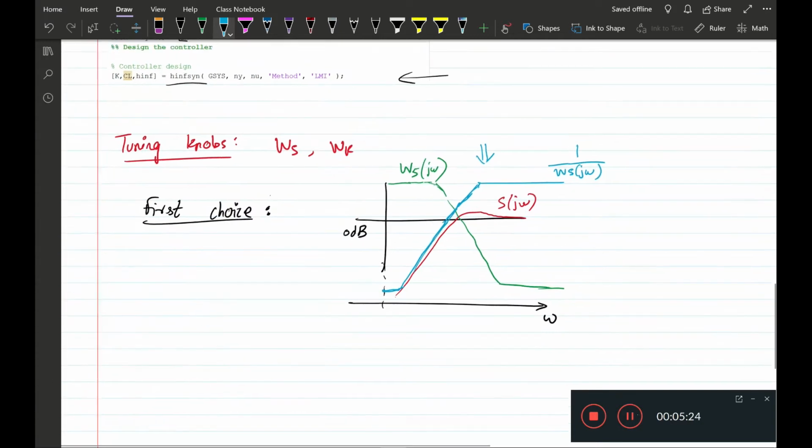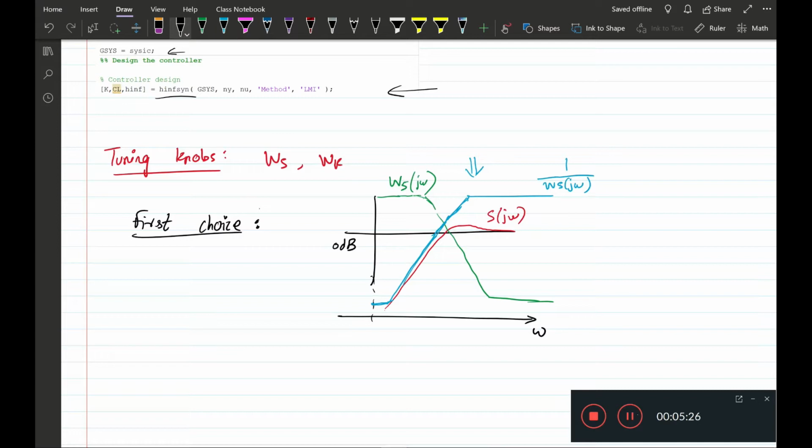So you can then design such a WS, and for this you can use the makeweight command, which gives out a first order biproper filter.